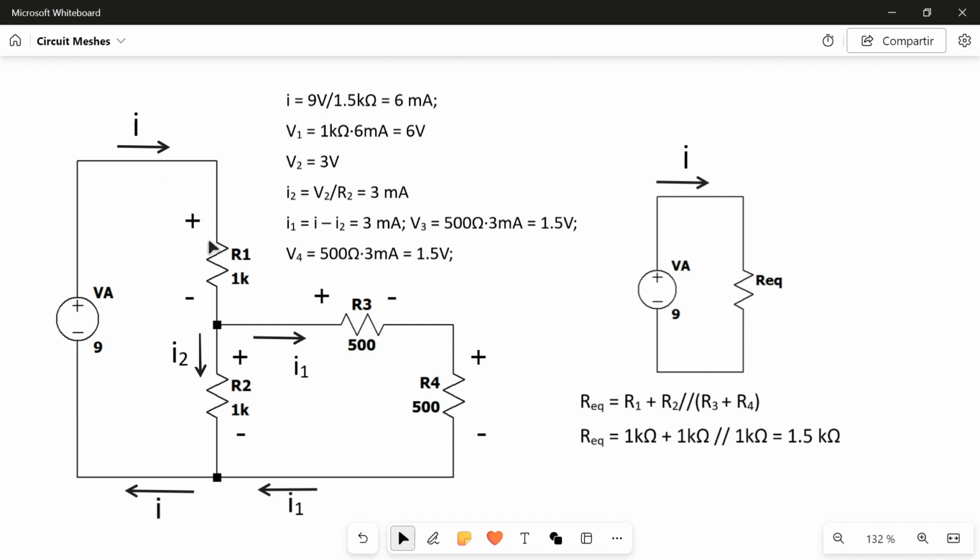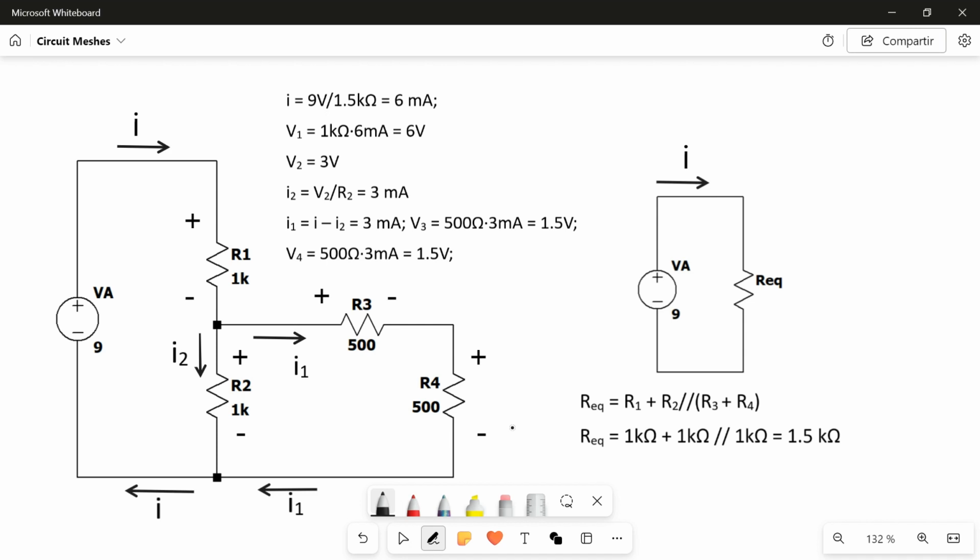V1, the voltage drop on R1, will be equal to I times R1, which is 6 milliampere times 1 kilo ohm. So I know that V1 is 6 volt.